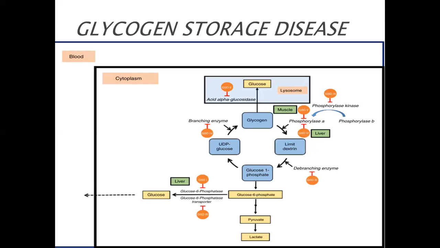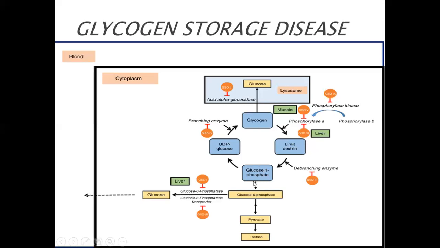Now, your glycogen in the muscles is metabolized by the enzyme phosphorylase, and eventually also by a debranching enzyme, leading to formation of glucose 1 phosphate.